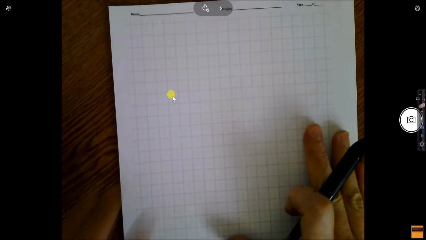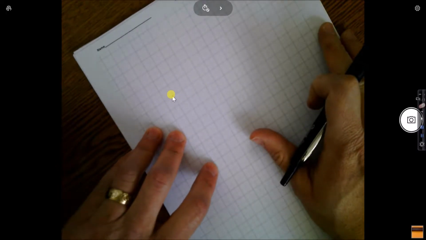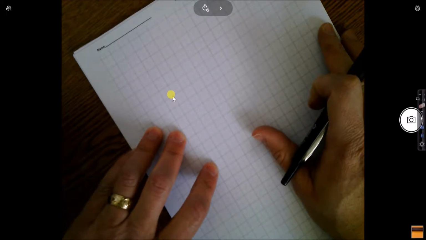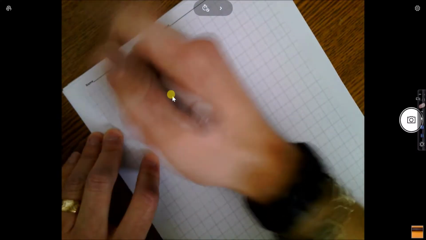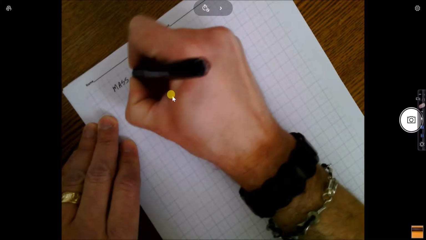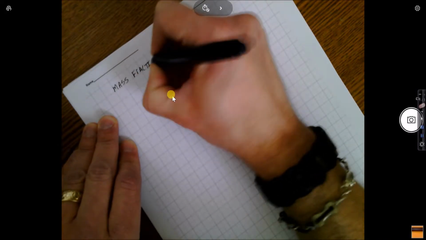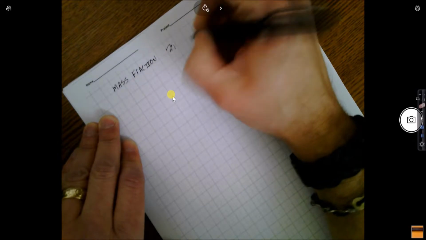All right, so mass fraction, and this stuff becomes kind of important because we want to know the amounts of various species in our chemical processes or metallurgical processes we're going to talk about in this class. So mass fraction is denoted in terms of x_i.